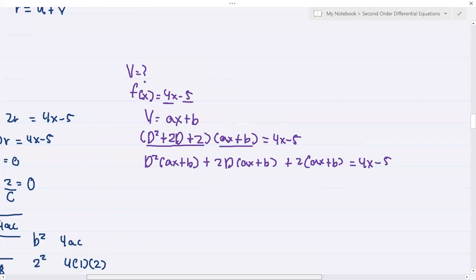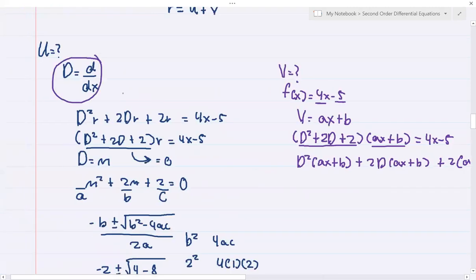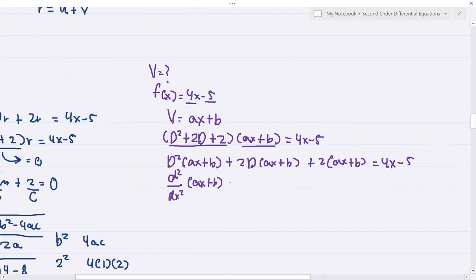Again, your D is basically d over dx. So we will have d squared over dx squared of ax plus b, plus 2 times d over dx of ax plus b, plus 2 times ax plus b, is equal to 4x minus 5.